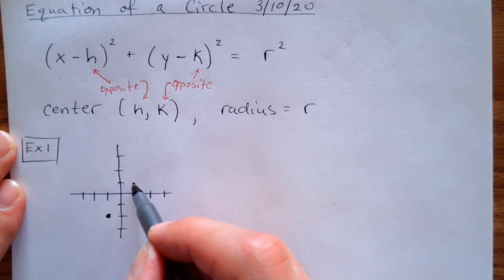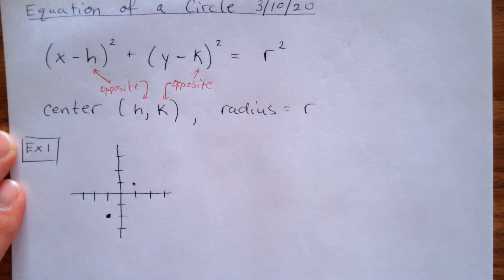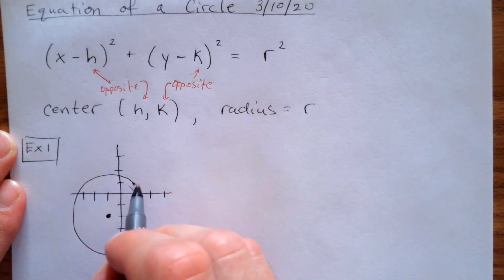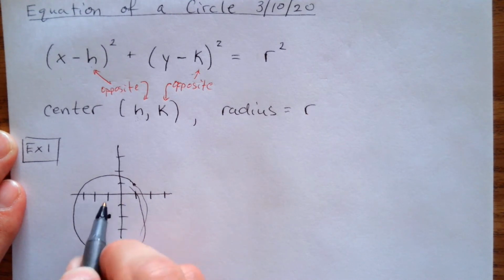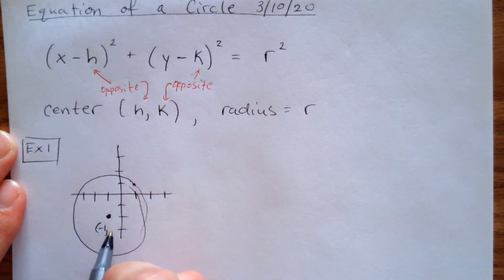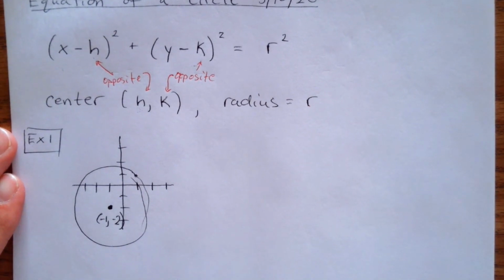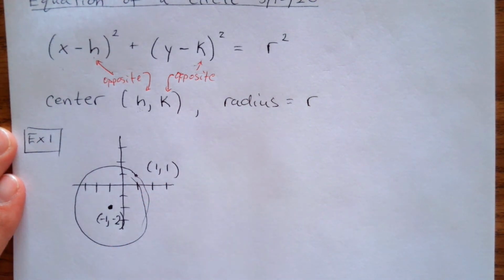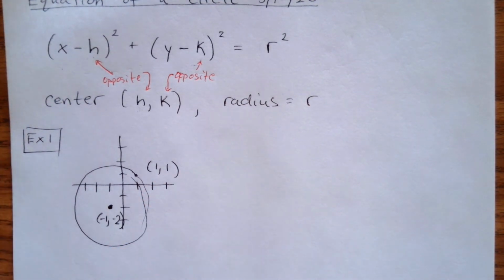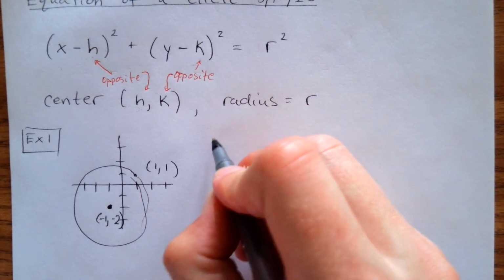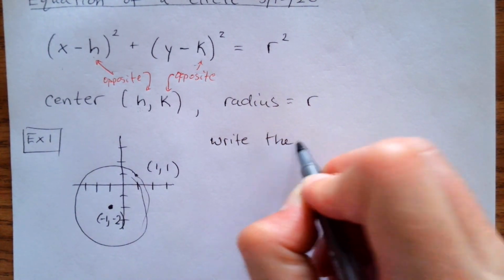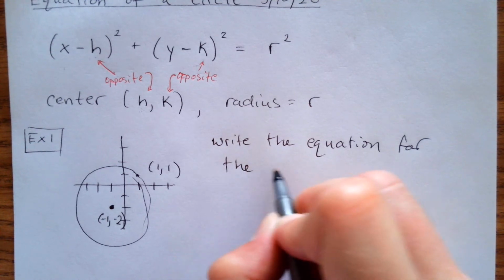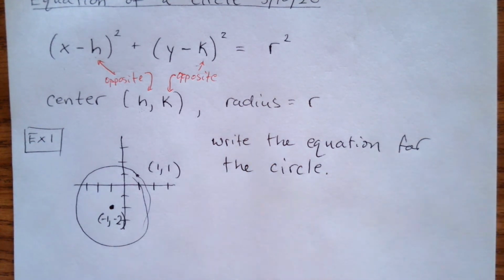And it's going to go through 1, 1. So negative 1, negative 2 is my center, and there's a point 1, 1 on my circle. I still haven't asked the question yet, so: write the equation for the circle. So those are the instructions.